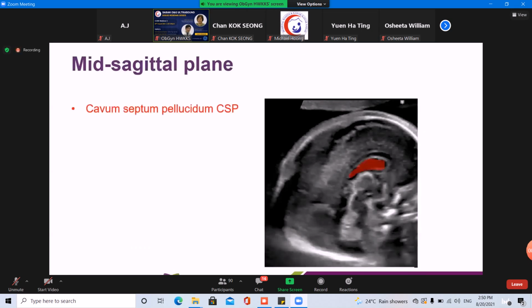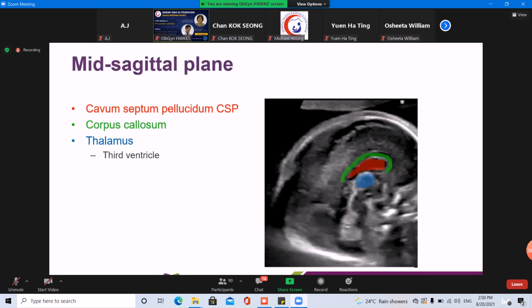Now, in a mid-sagittal plane, you would be able to see the CSP, but the shape is rather different. It is like this shape. Above the CSP, you can see the entire corpus callosum, and you can examine the whole length of it.